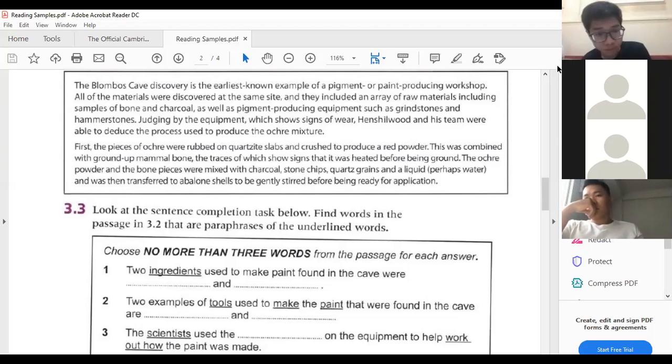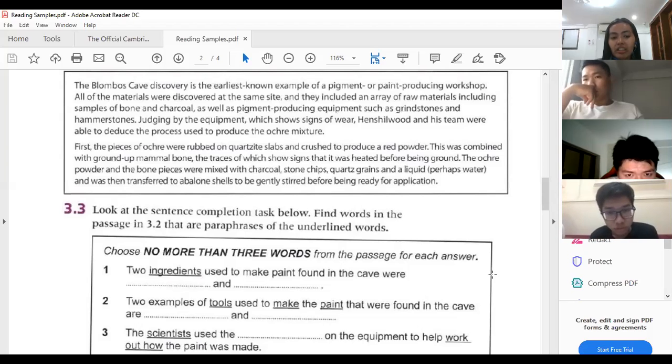Scientist. What is the word that they use to mean scientist? What is the word in the passage that we can guess that they mean scientists?